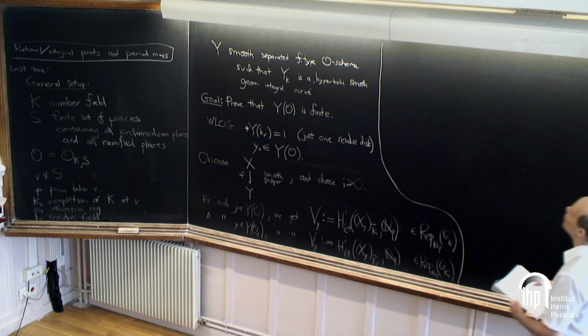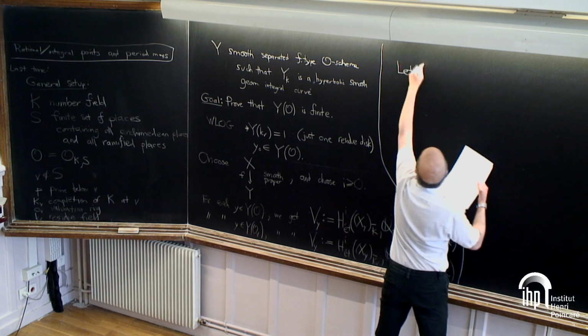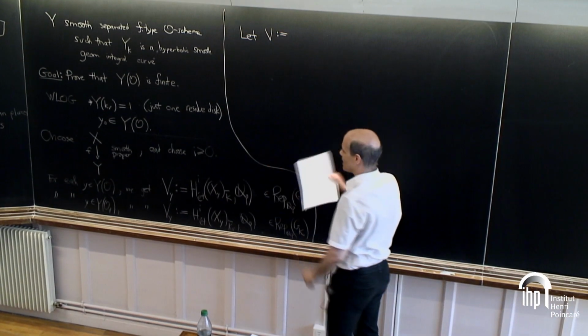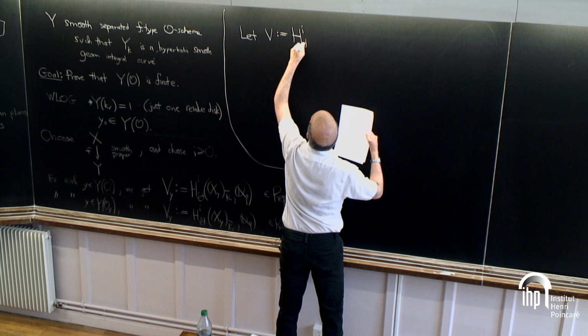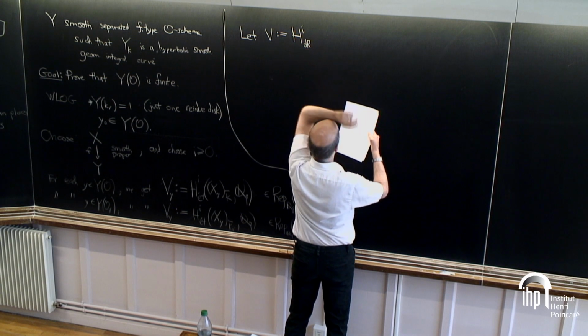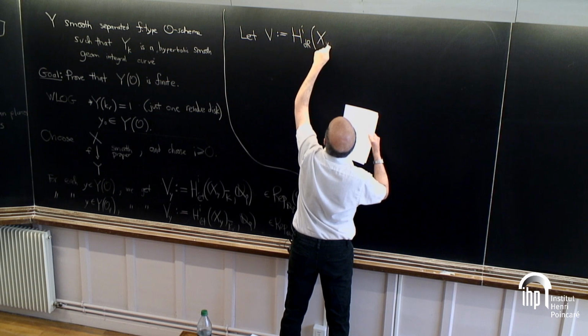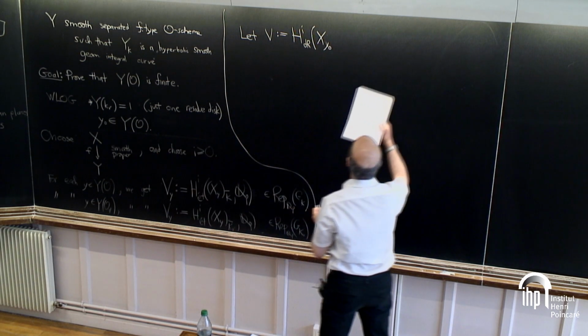I need a little bit more notation. I hope this is not too confusing, but I'm going to use just V without a subscript to denote the de Rham cohomology of this particular fiber I've chosen. I chose one O point on Y, and I'm going to take this.